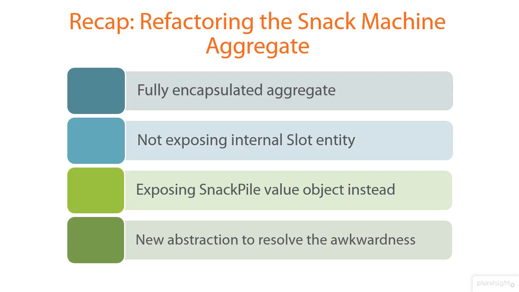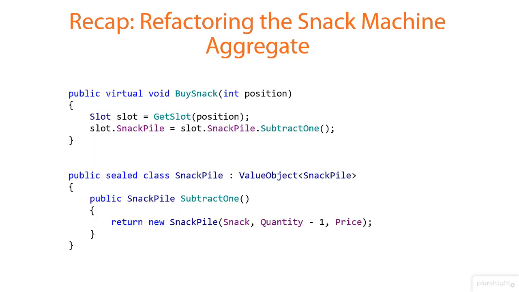In our case, we transferred almost all responsibilities the slot entity had to the snack pile value object. The slot class now acts just as a host for that value object, nothing more. Also note that we adhere to the immutability rule for value objects. Instead of making the quantity property in the snack pile value object mutable, we introduced a separate method that creates a new instance of that value object.